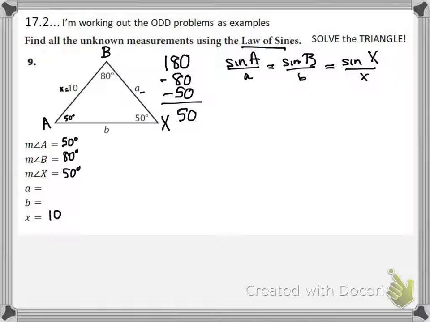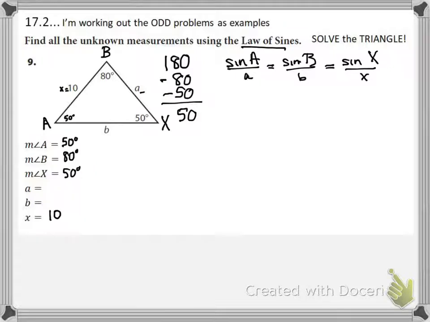I don't know both capital B and lowercase b because I don't know the side. And I don't know the side on either one of those. I do actually know the angle because I worked it out. Side x, lowercase x, were also given to me in the first place.